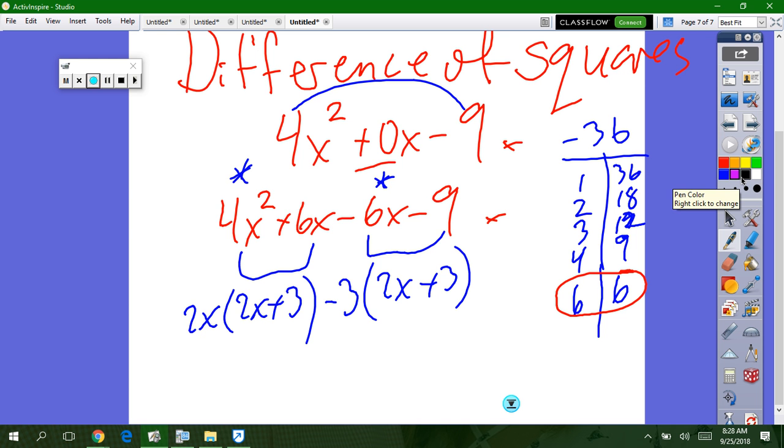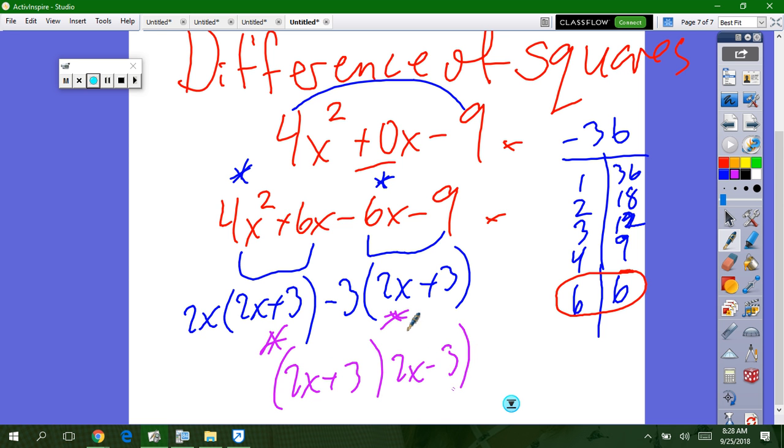Okay, and last but not least, what are we pulling out now, Connor? We're pulling out what they have in common, which is the 2x plus 3. What's left over, Connor? Okay, does anybody remember what the name of these two are called? These are called conjugate pairs. You guys see how they're the same numbers. They both have 2x and they both have 3, don't they?